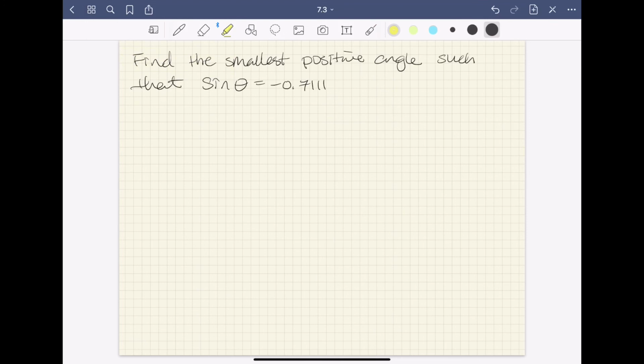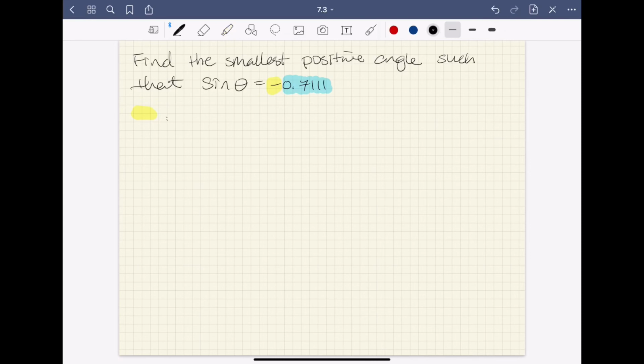Okay, one last example. Find the smallest positive angle such that sine theta is equal to negative 0.7111. Now, if you look at this trig ratio here, you can see two parts. One is the negative, and one is the number. Okay, each of them tells us something.